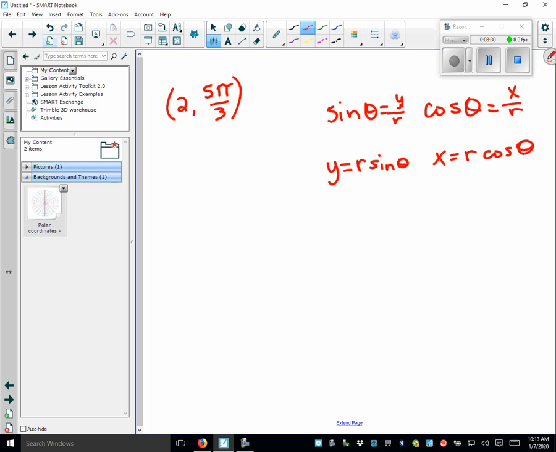Yes. 5 pi over 3 is in what quadrant? 4. What's the reference? Pi over 3. So what is this side? Negative radical 3. 1 and 2.